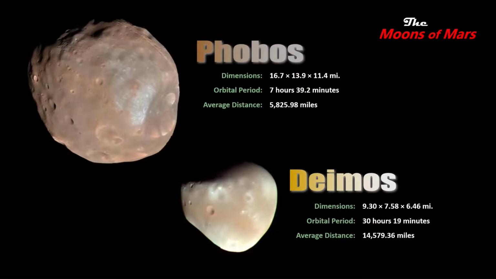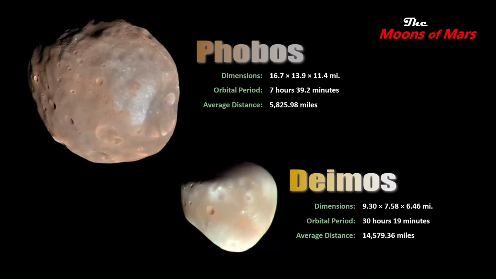So yep, Mars does have two moons, Phobos and Deimos, because Mars is the Roman god of war. Phobos and Deimos mean fear and panic, and they are shown to scale in this image here. Phobos is over 7 times the mass of Deimos, but Phobos orbits only 3,700 miles above the Martian surface. No known moon orbits closer to its parent planet than Phobos.